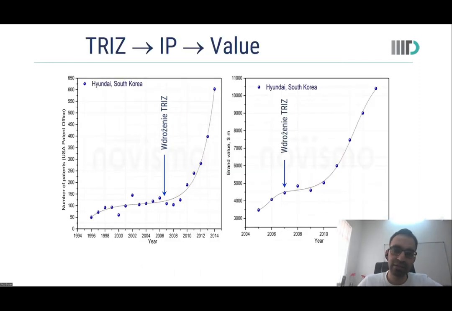See, something is happening. And over here also you see that the number of patents start to increase in 2010, and simultaneously the brand value also starts to increase by 2011 and something like that.